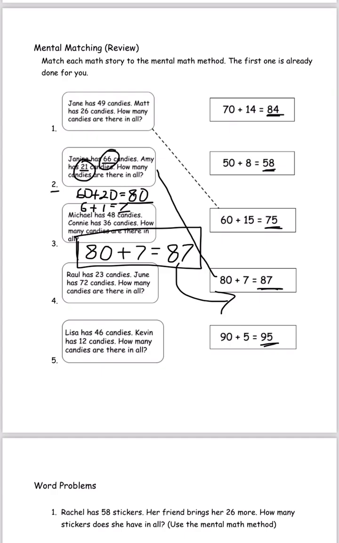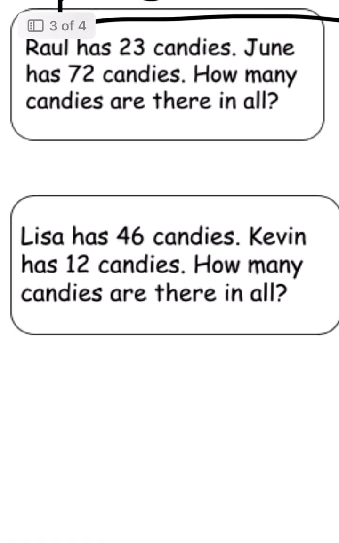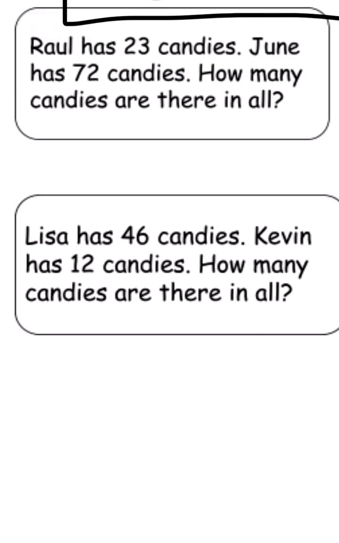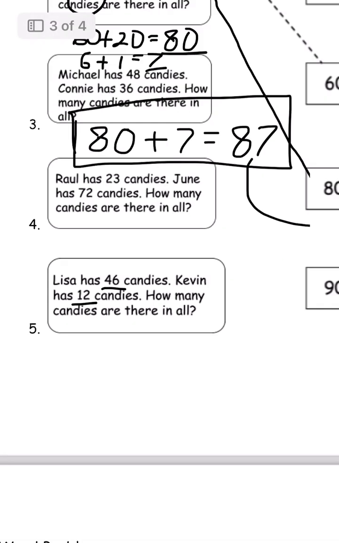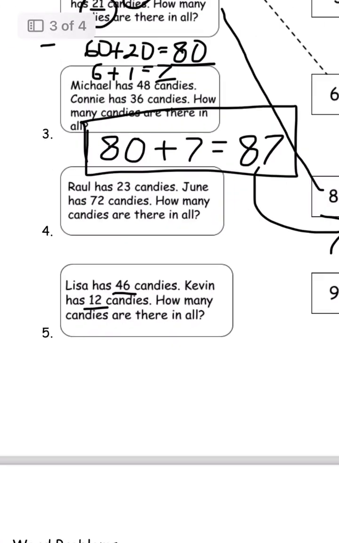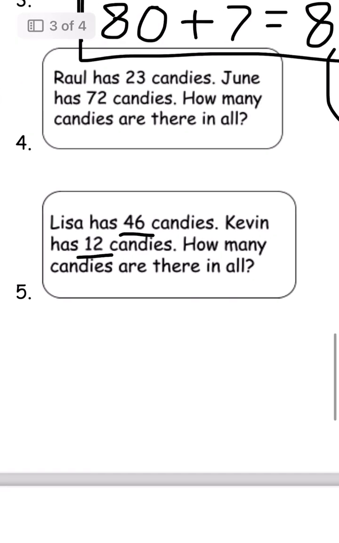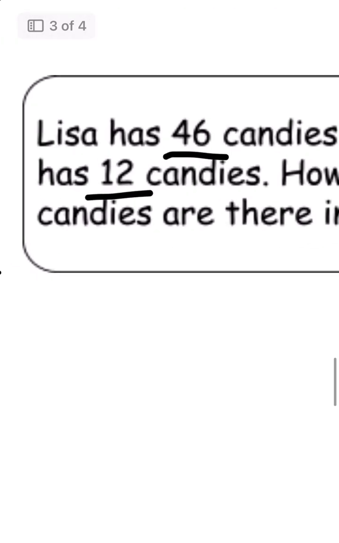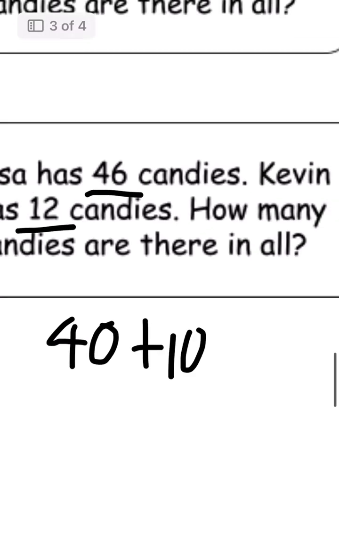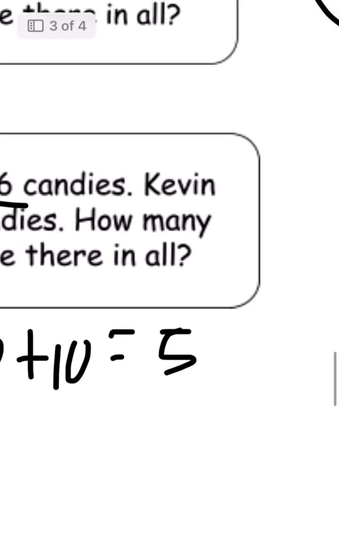Now let's try the last one, number 5. It says Lisa has 46 candies. Kevin has 12 candies. How many candies are there in all? We can add them to find the answer, but to make sure, we have to actually solve it. So 40 plus 10 is 50, the tens.